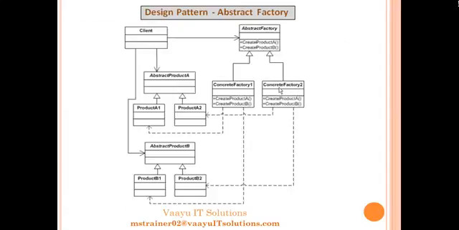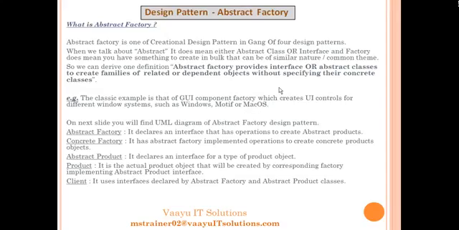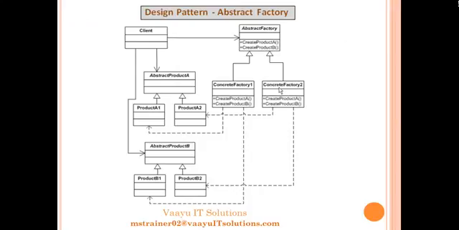As I said, the abstract factory has some operations that will be implemented by its concrete classes. The concrete factory implements the abstract factory's operations to create concrete product objects. Next is the abstract product.